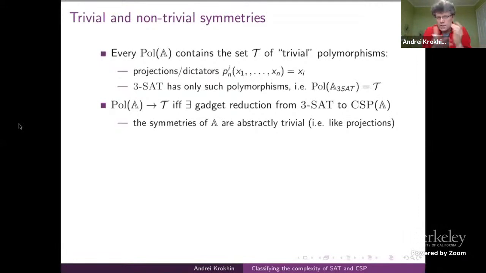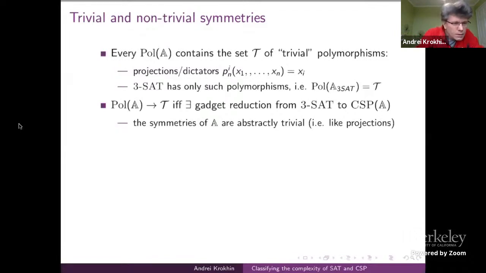In this case, of course, the CSP would be NP-complete. So we can take this condition to mean that the symmetries of A, the polymorphisms of A, are trivial on the abstract level. They're like projections. They don't have to be exactly that, but on the abstract level, they behave exactly the same way. So this is what I will call trivial.